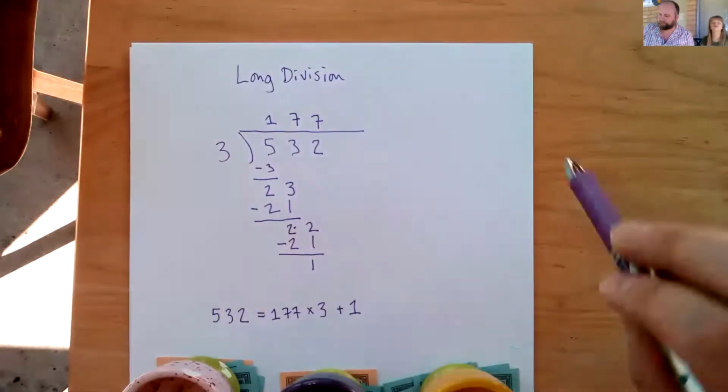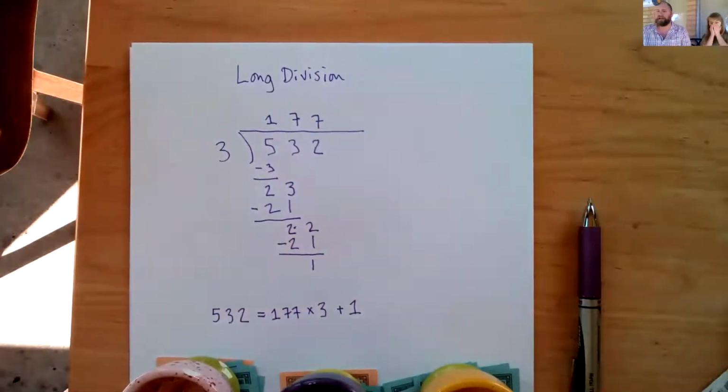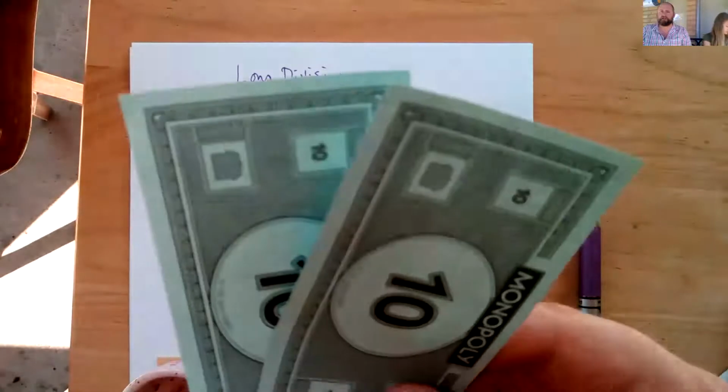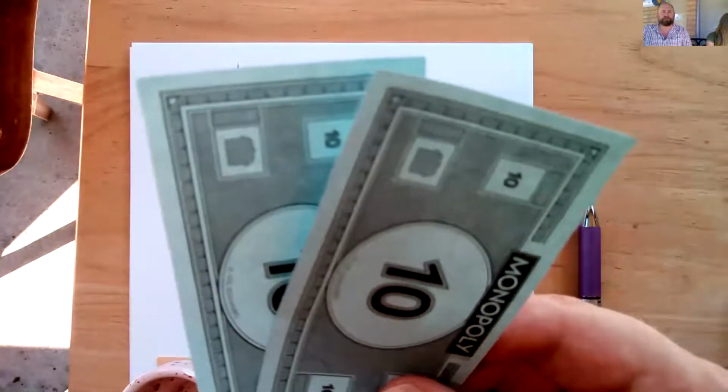Okay, so banker, can I please have 20 $1 bills for these two tens.